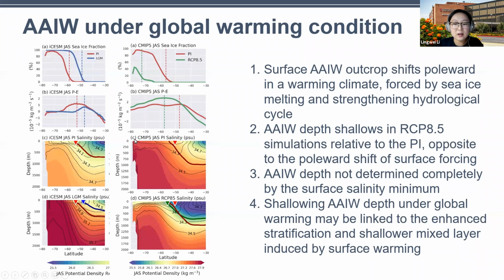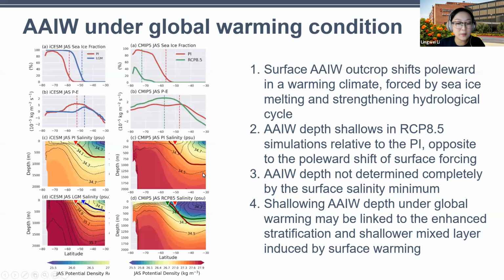This indicates that the surface AIW outcrop shifts poleward in a warming climate, which indeed is opposite to the LGM. However, the AIW also shallows under global warming conditions relative to the PI. This suggests that the depth of AIW is not determined completely by the surface salinity minimum.